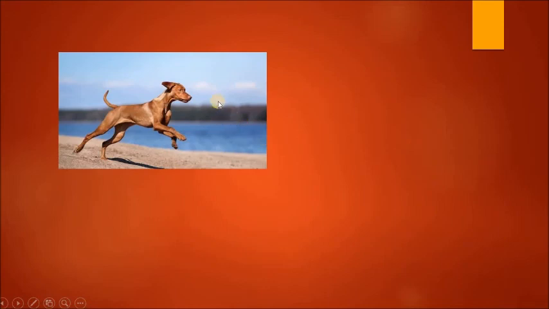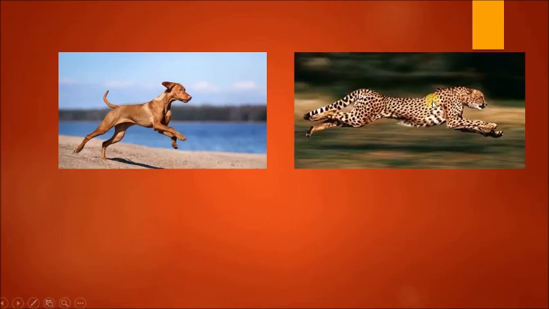Look, this is a dog. And dogs are fast. They are really fast. But on the other side, we have the fastest animal in the world. The cheetah is considered the fastest animal in the world. The fastest animal on land. So we say the dog is fast, the cheetah is fast, but the cheetah is faster than the dog.